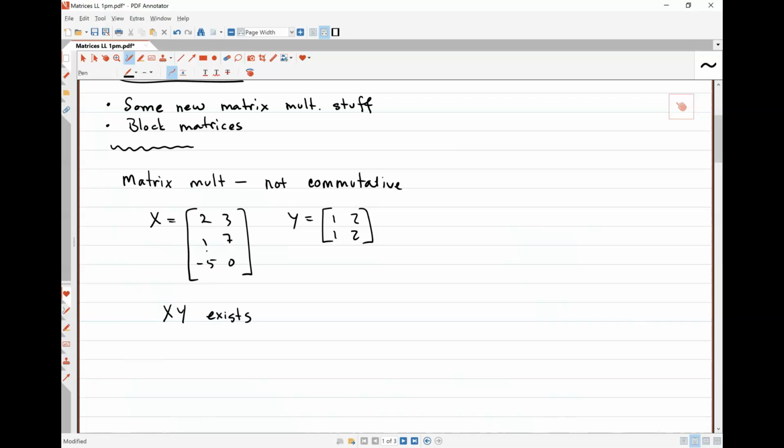Because this is a 3 by 2, and this is a 2 by 2. So the product x times y exists, but y times x doesn't. So this is an incompatible dimensions issue.